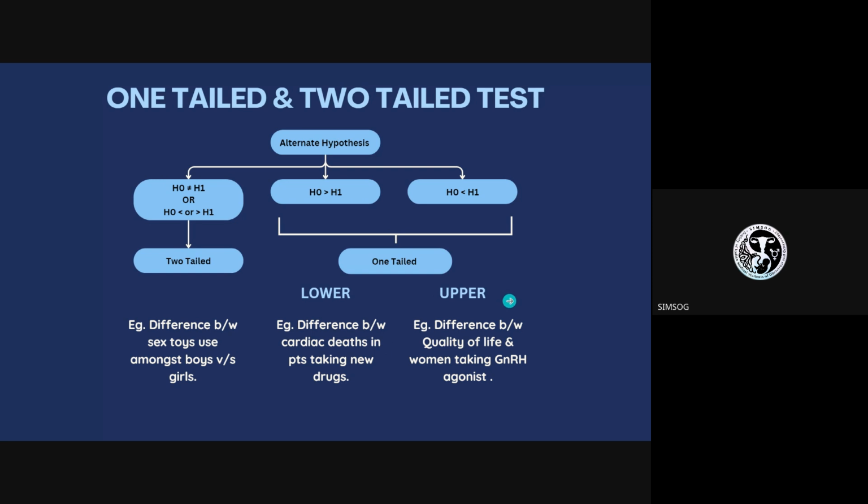Similarly, we can have an upper-ended one-tailed test as well, wherein our alternate hypothesis would say that a new treatment or a certain group is higher or more than the placebo or the baseline reference group. For example, if you want to see the quality of life between people taking GnRH agonists because of its effect on endometriosis or fibroids, agonist or antagonist, either way.